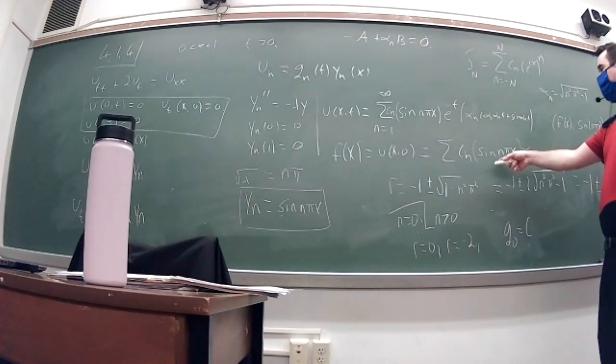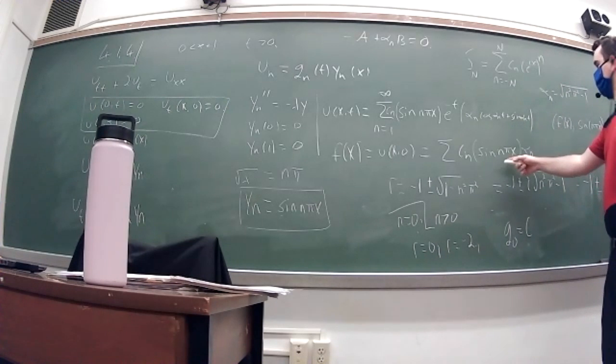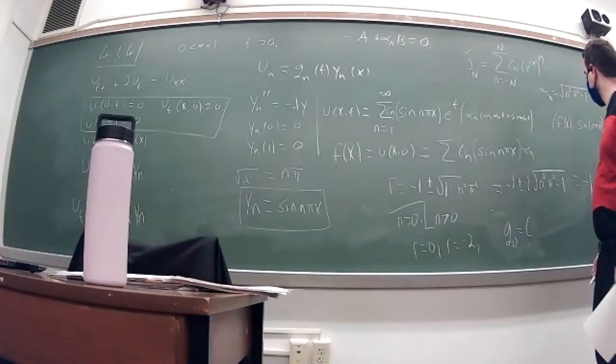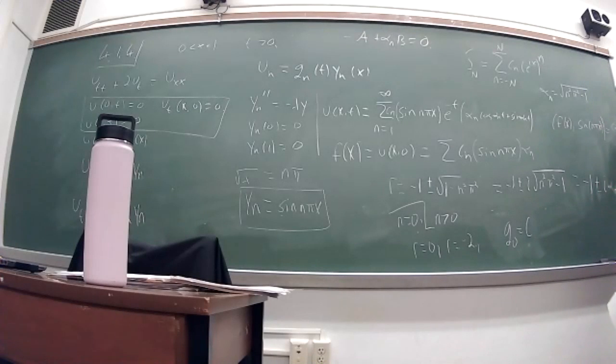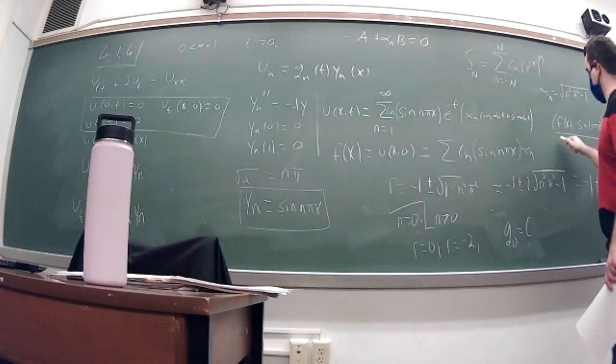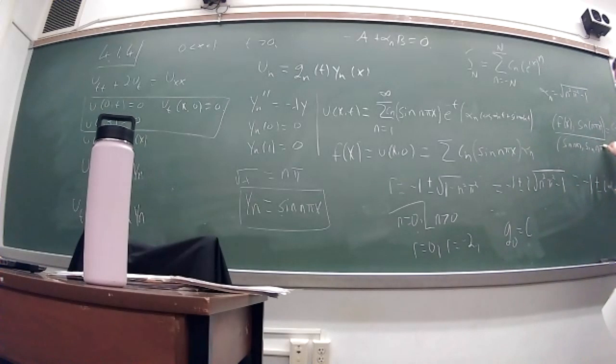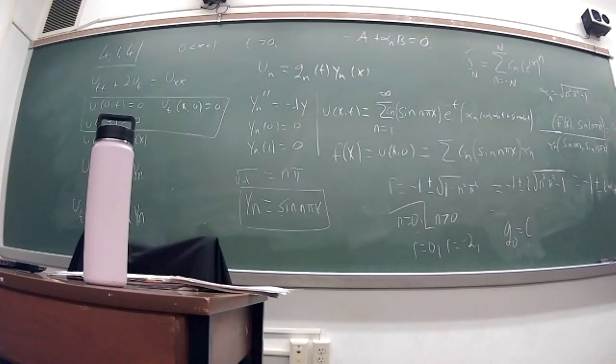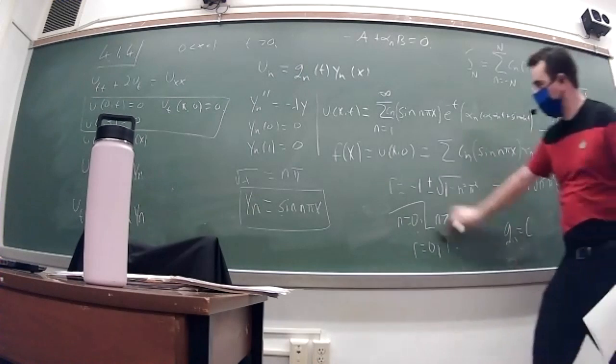On the right-hand side, this will be 0 unless the two coefficients are the same, and then you're left with c sub n, and you have to divide by not just sine n pi x, but also by alpha n. So you get this extra factor of alpha n there.